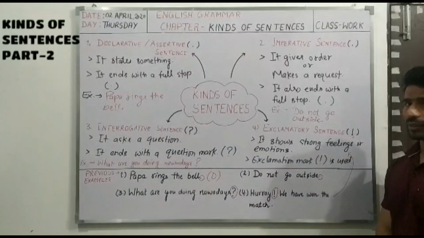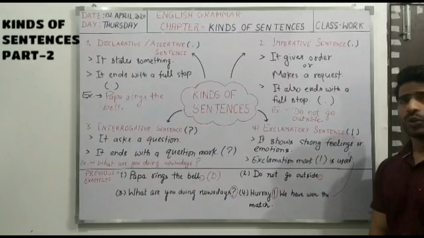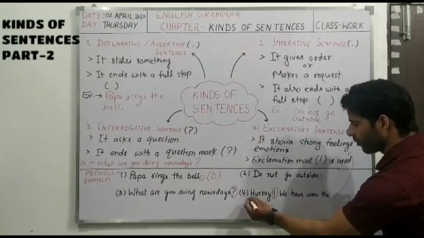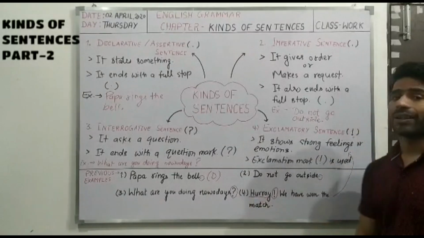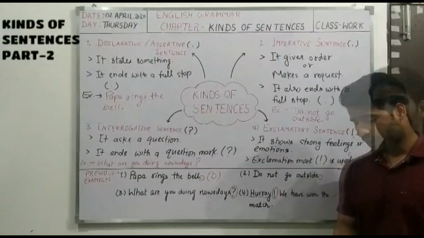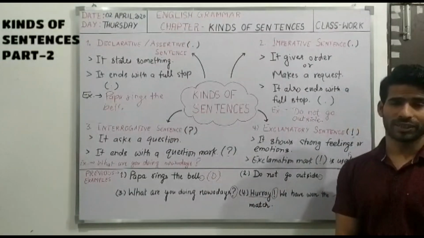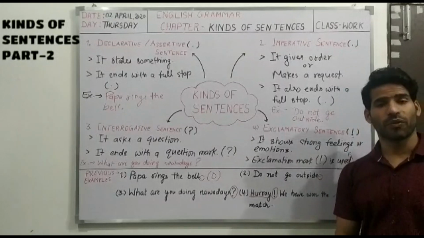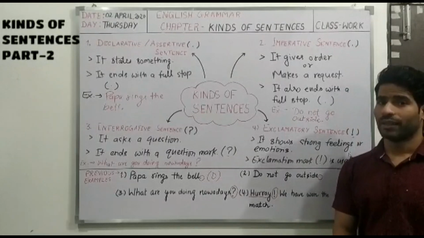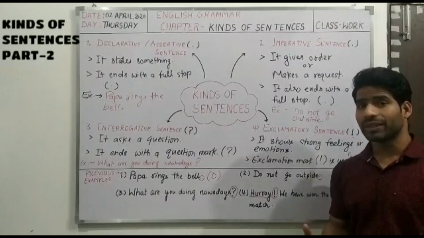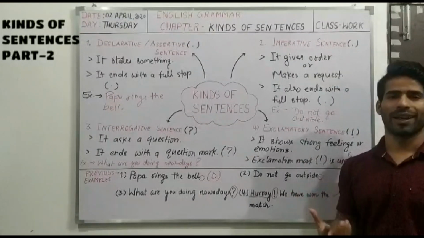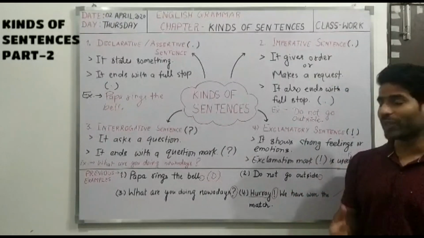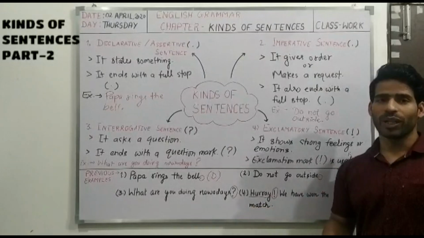So exclamatory sentences do what? They show strong feeling. Here we have the word hooray, and when we use this word, you must have won some matches or received some award from the school, like certificates, trophies and other things, right? Whenever you receive these things, you feel so happy, and that happiness turns into a word, that is what?